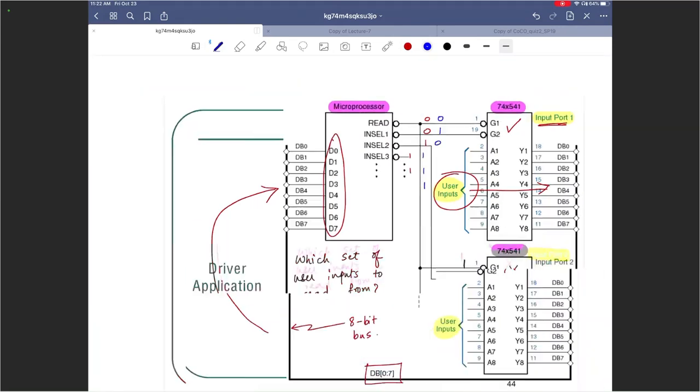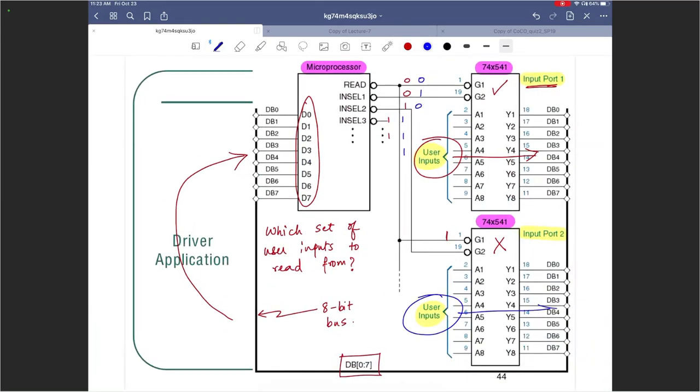If you do that, then these user inputs will take charge of the 8-bit bus, and that can be read into the microprocessor. You can see it. So this is just a way to use that 74X541 chip to be able to write to a common 8-bit bus.